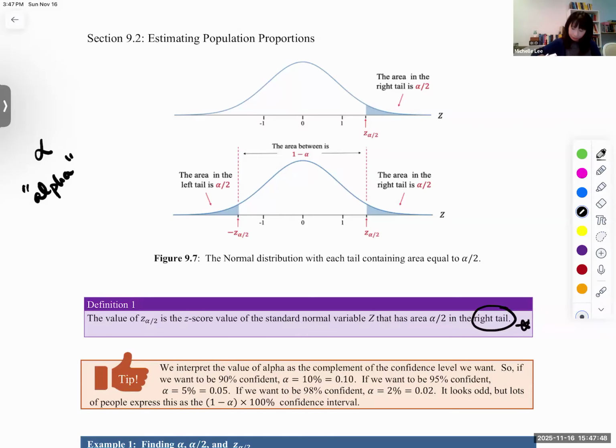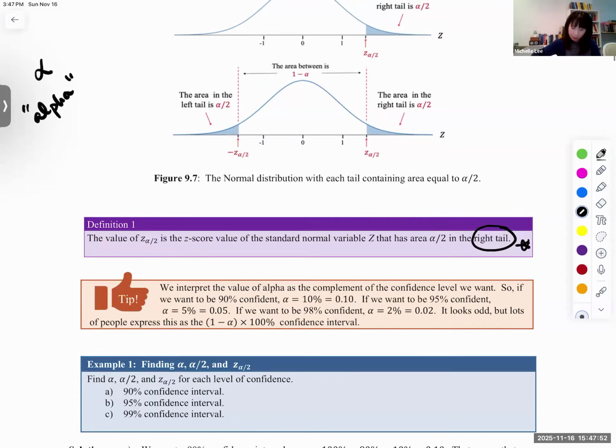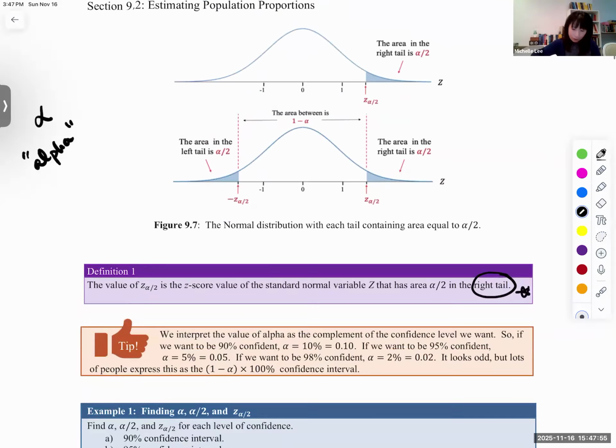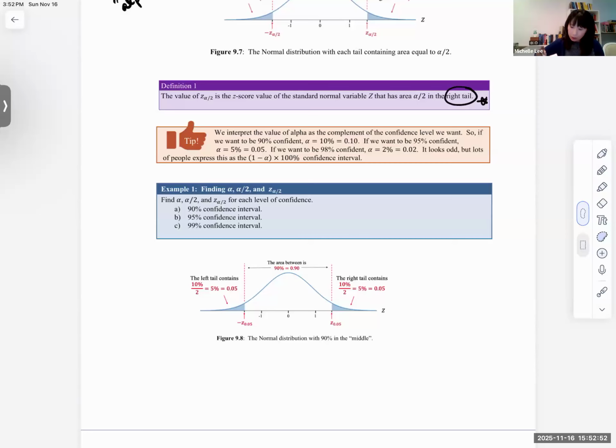All right, so let's do this one. Let me copy this one, and then let's work the example. We have this example, finding alpha over 2 and then the z-score. The first one is a 90% confidence interval, right?